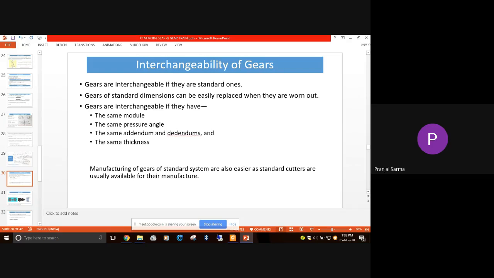And why are we always talking about standard gears? Why are we saying you should go for standards? Standardization is always important.